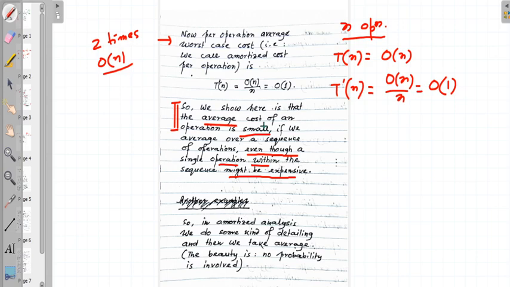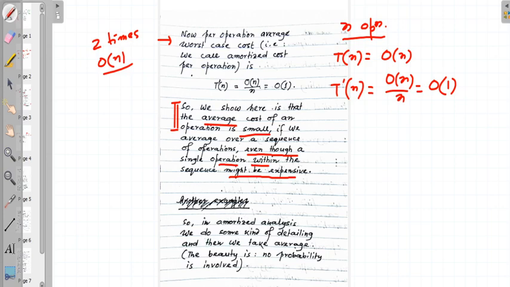In a nutshell, we are doing some kind of detailing in the analysis, and the utility of that detailing is that the average cost per operation will be small. Even if a few operations are expensive, we can distribute that cost throughout. That is the sole idea of amortized analysis.